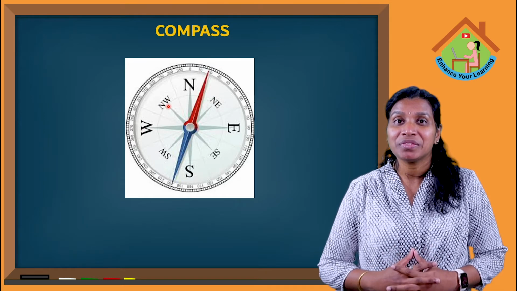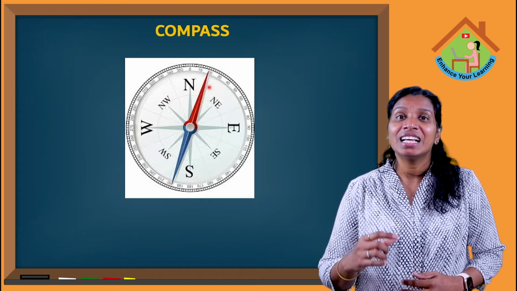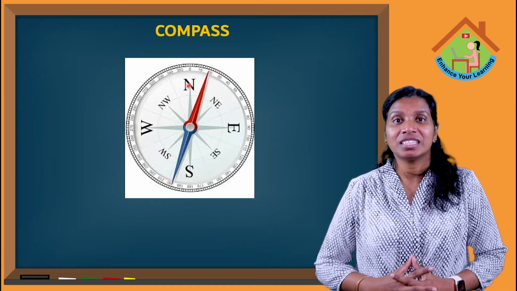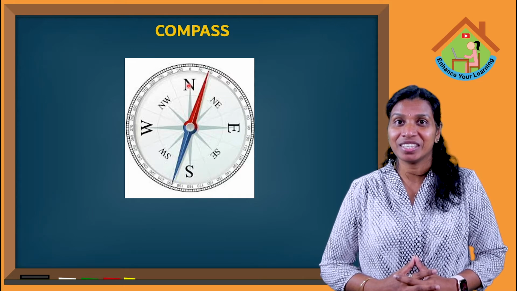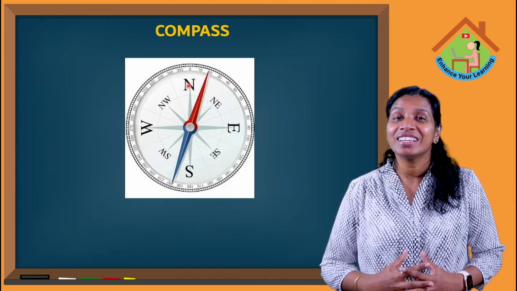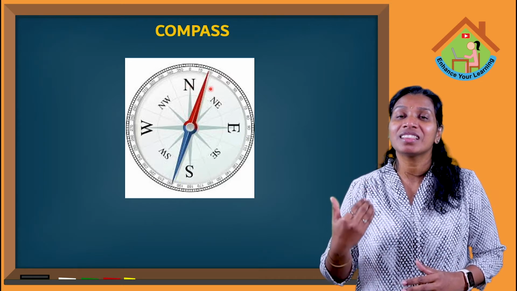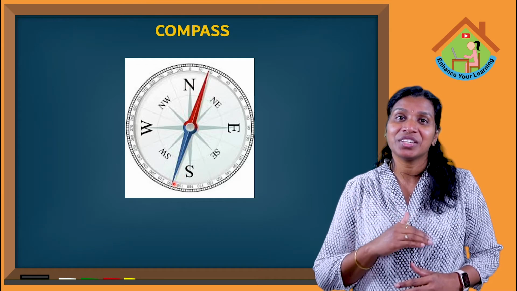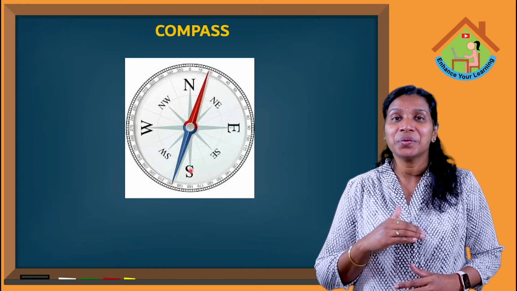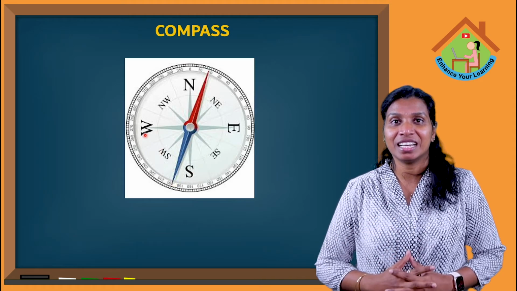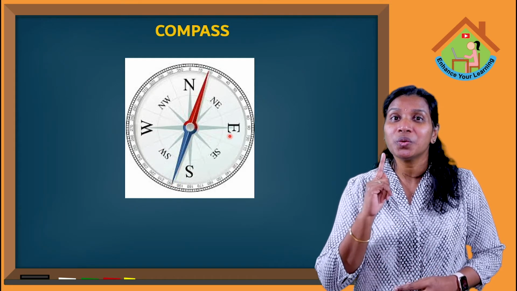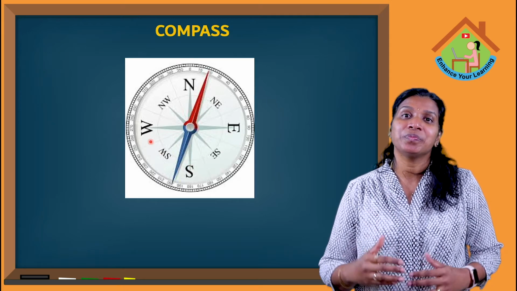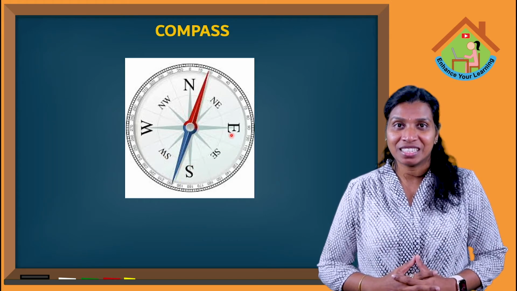This compass has a needle. This needle will always show the north direction. You already know the opposite of north is south, and you can easily identify which is the west and east side, right? So if you know one direction, it is easy for us to find the other three directions.